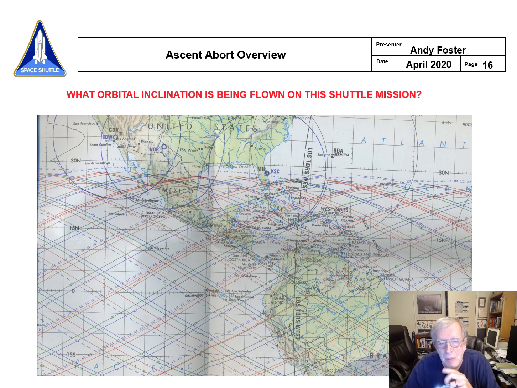And so that tells you that we are looking at a picture of a 28.5 degree inclination flight, because here's 30 north right here. If I had a 57 degree inclination flight or 51.6 like station, then you'd see those orbital lines go way up here and way down there.